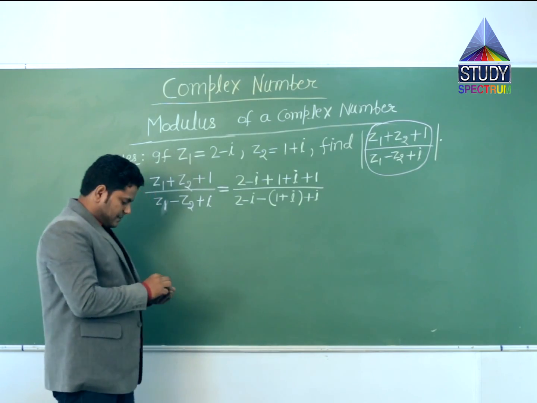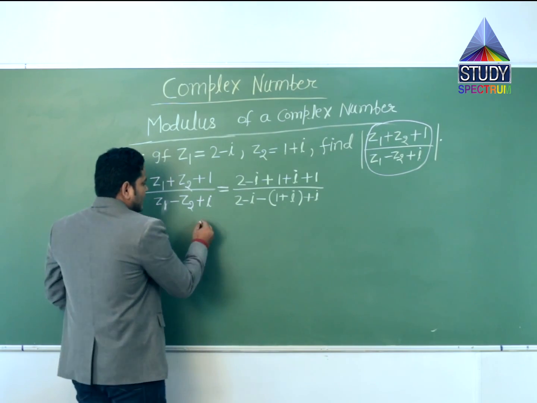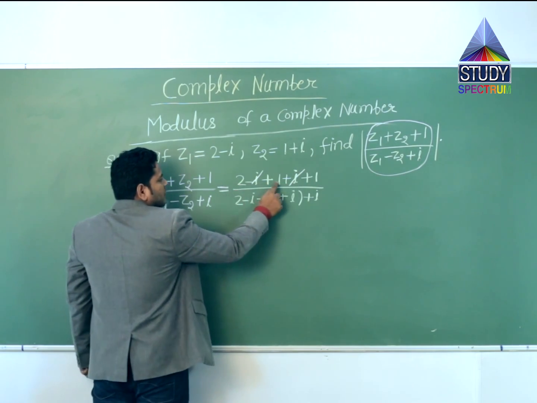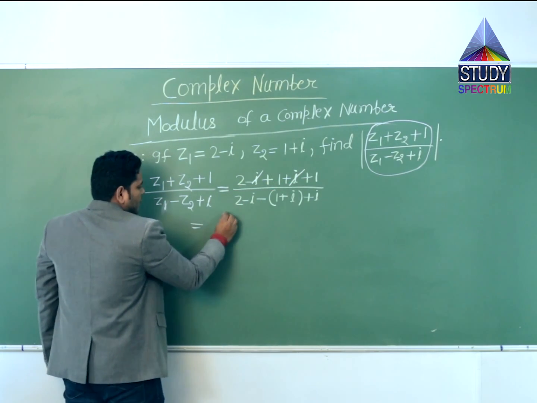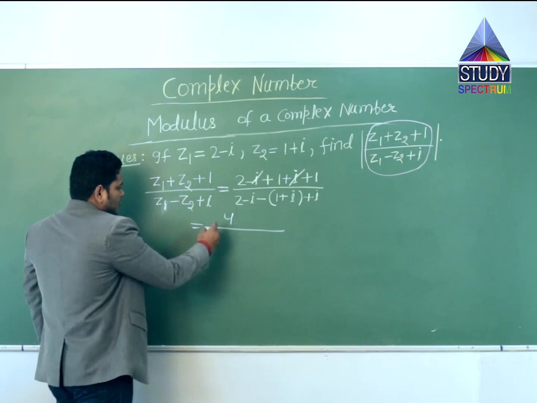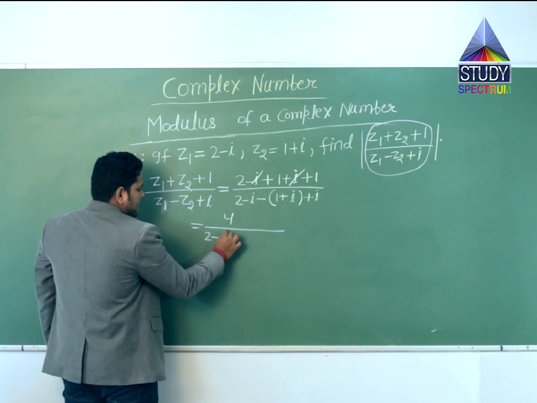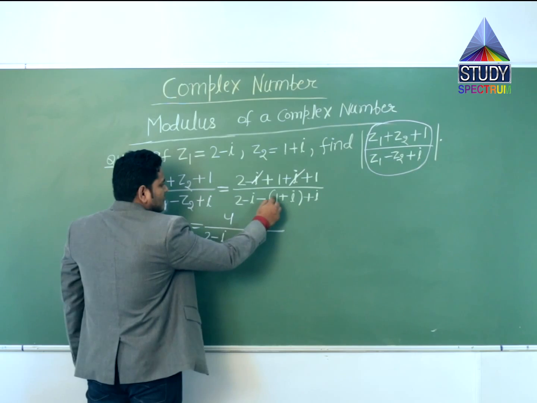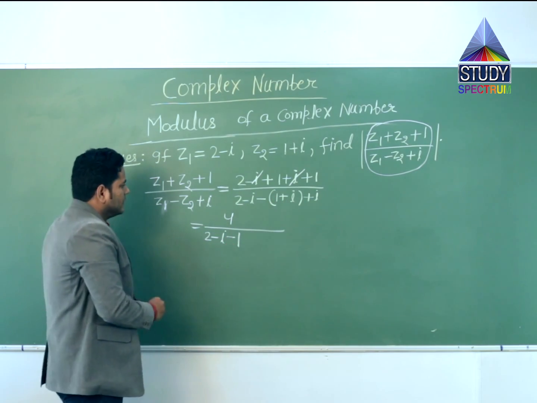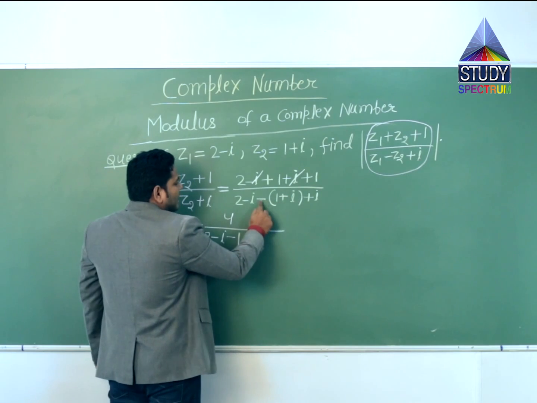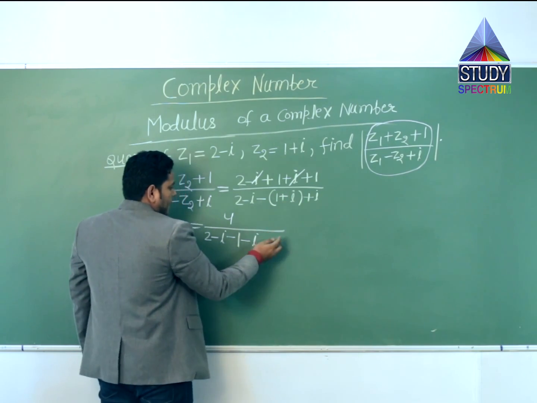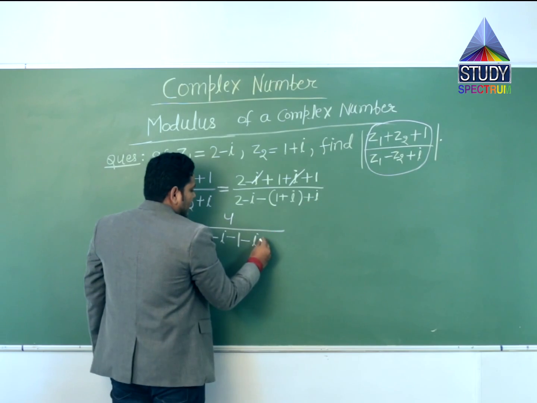Okay, got it? So now plus i and minus i will cancel out. So 2 plus 1 plus 1 is 4. Now simplify the denominator. 2 minus i, minus into plus 1 is minus 1. Minus into plus i is minus i. Plus i.